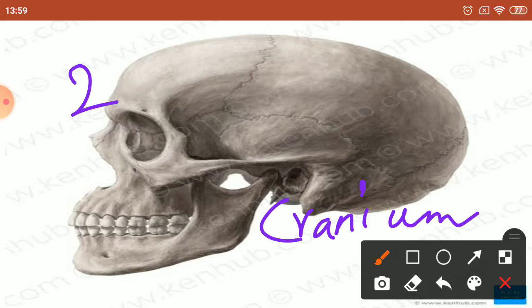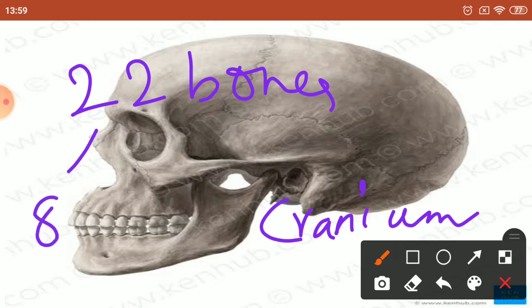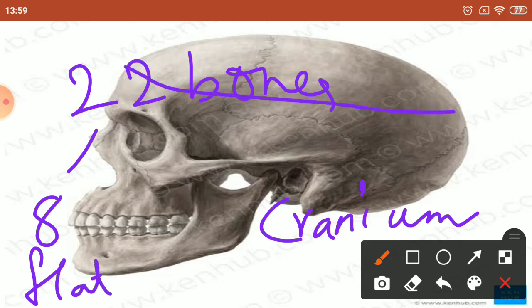Almost 22 bones are used to make the skull. Of these 22 bones, 8 bones are totally flat in nature, present here and making the upper part, or you can say the brain box, which is enclosing our brain.